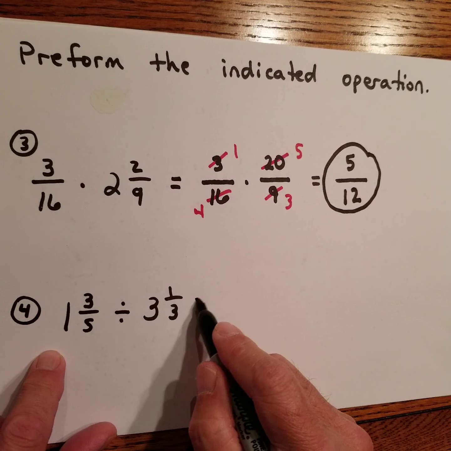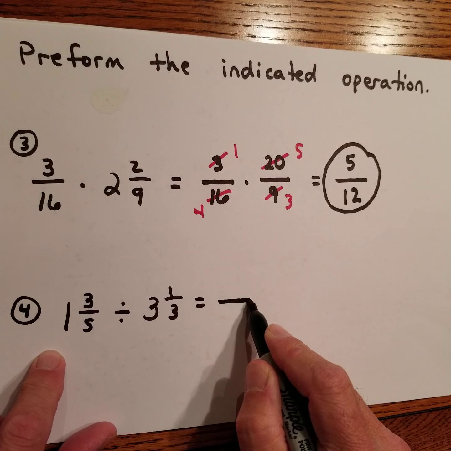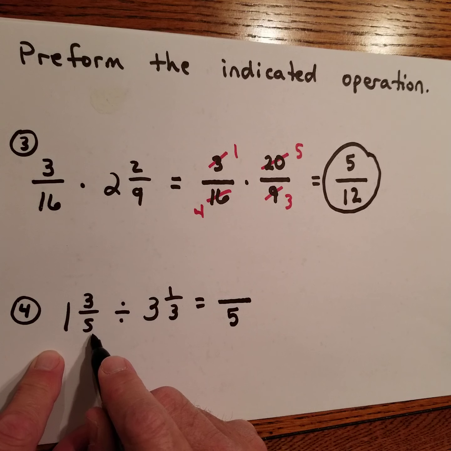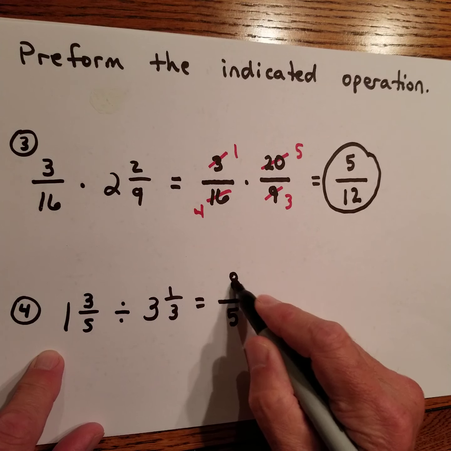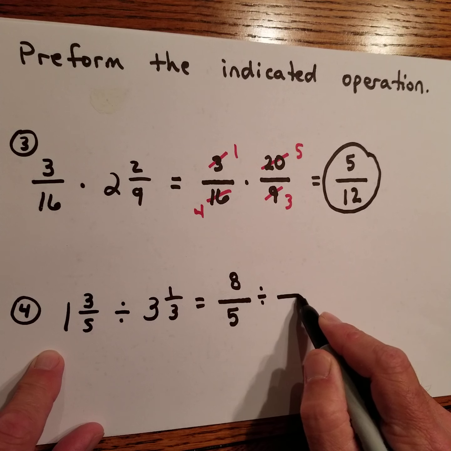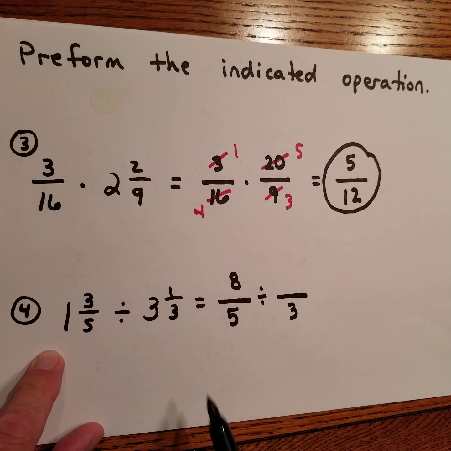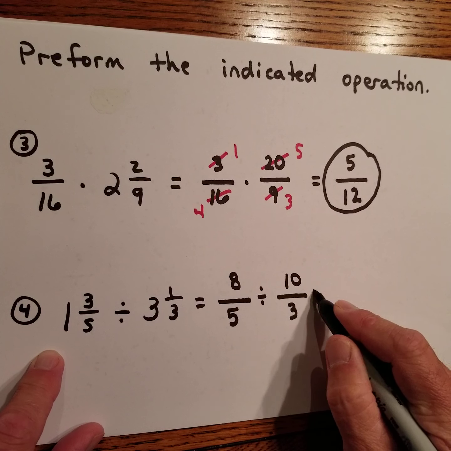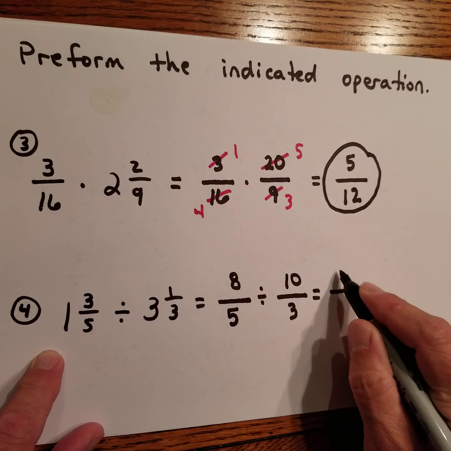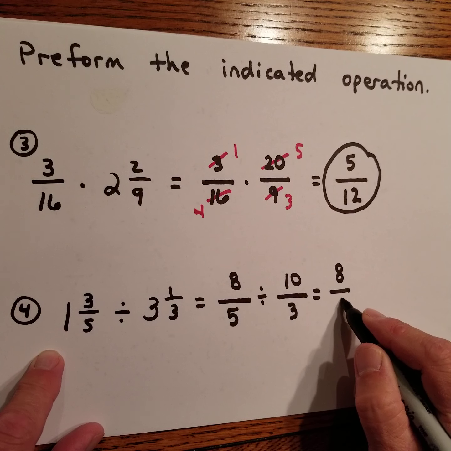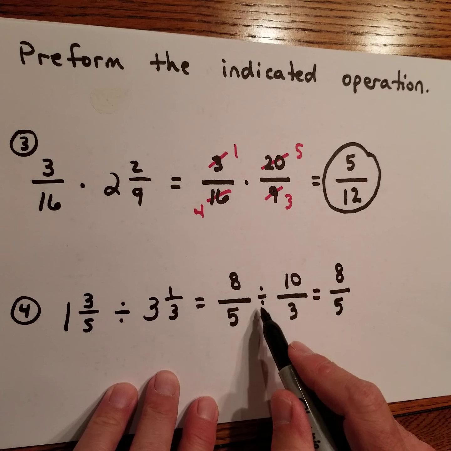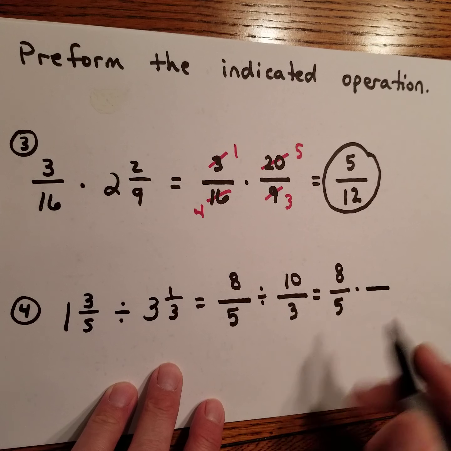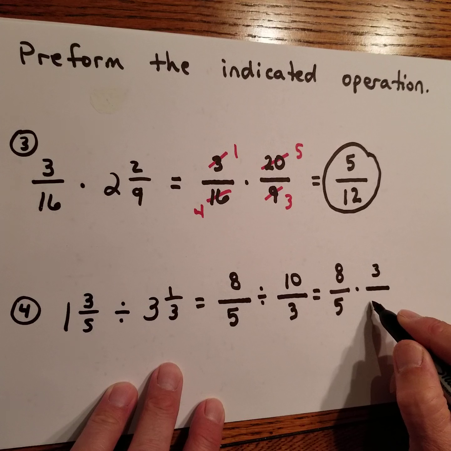Number 4, let's again start by changing these into improper fractions. 1 times 5 plus 3. And 3 times 3 plus 1. I'll copy the 8/5 and change division into multiplication by taking the reciprocal of the second fraction.